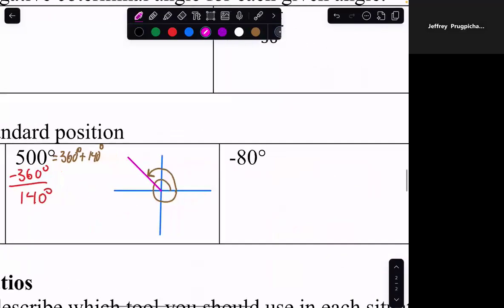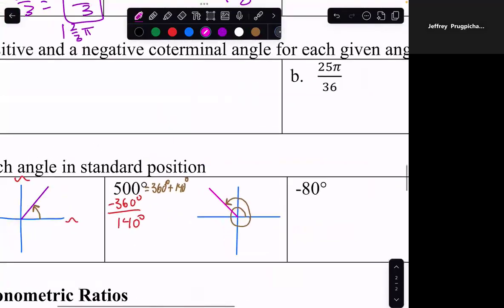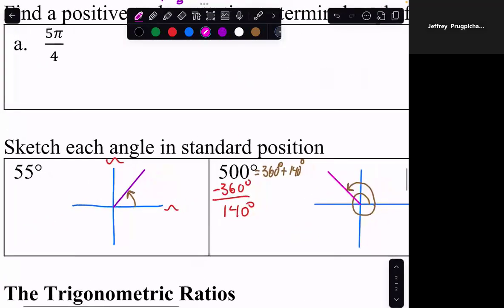Okay, so go ahead and try sketching the other two angles, please. Draw the terminal side.